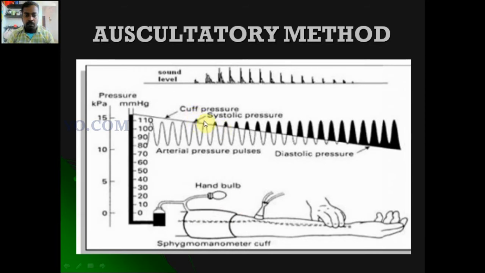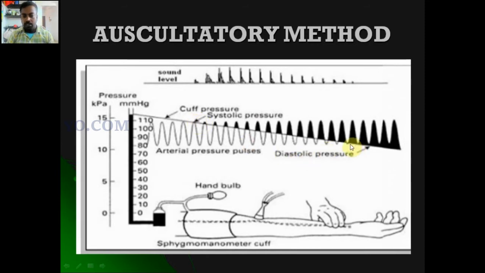At the systolic pressure, here you are having some sound, and from this point onwards the sound is heard, and the sound is slowly reducing. When it reaches this point, the sound disappears. This area where the sound initially appears is called systolic pressure.